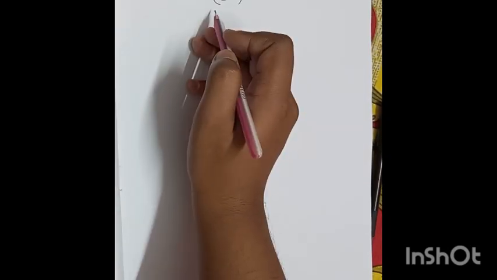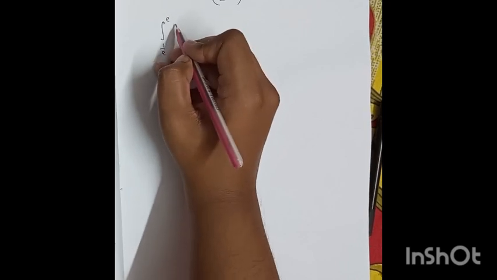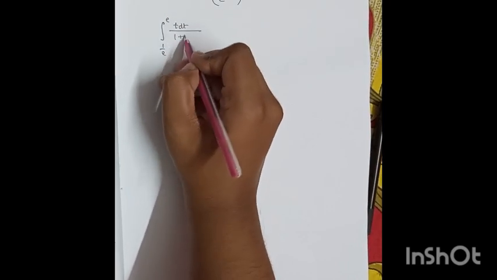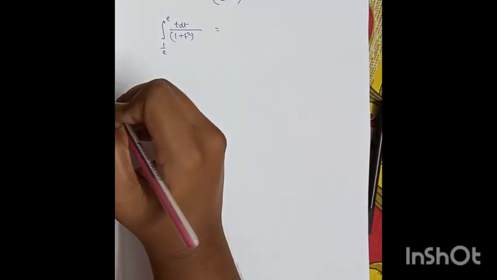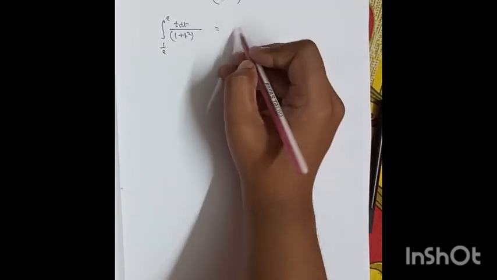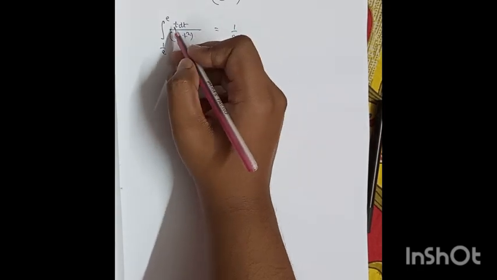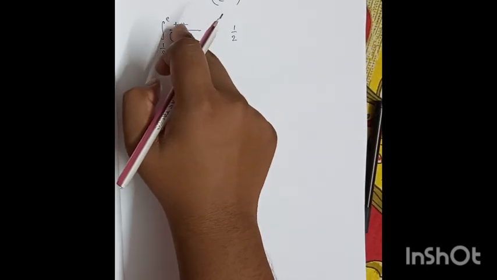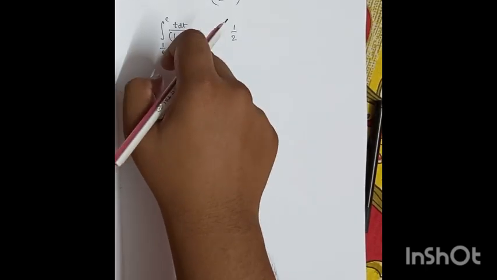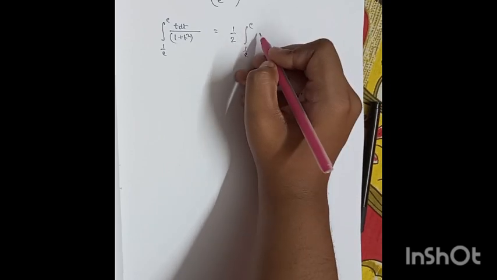So our required integral becomes the integral from 1 by e to e of t dt over 1 plus t square. This is a simple integral which can be solved by dividing by 2 and multiplying by 2. If we put 1 plus t square equal to u, then the numerator will be the derivative of this.